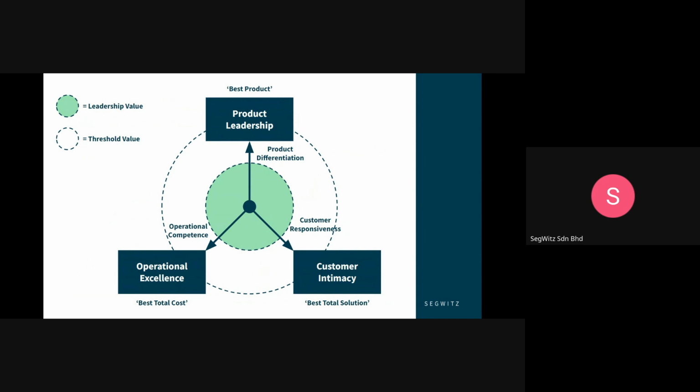And the second is, what do we need? Until today we have been thinking about what needs to happen for a project to be successfully delivered. And SegWitz has a very, very high success rate of delivering projects, and we are really proud of it, where a lot of other companies are failing to even deliver what the clients asked for.